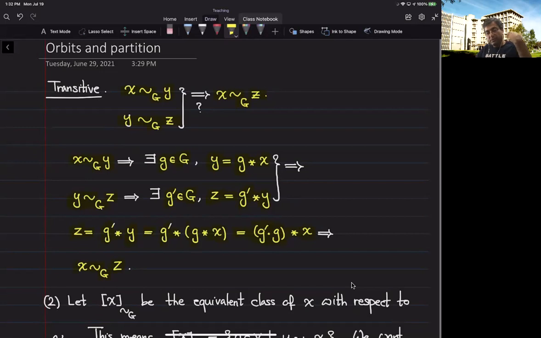So we showed that this G-similarity is reflexive, it's symmetric, and therefore transitive, and therefore it is an equivalence relation.